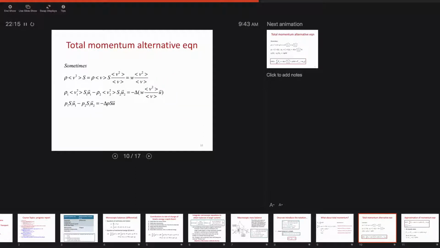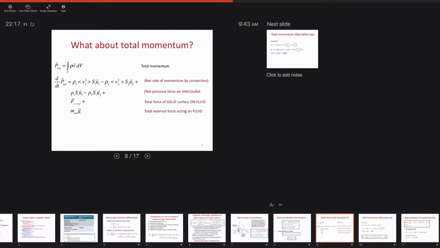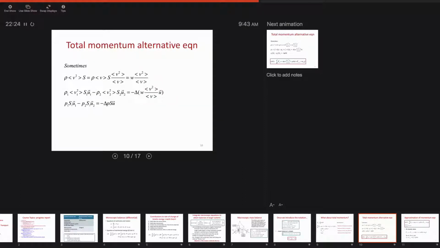Okay. So now there's an alternative equation that I derived, which is a little more computable. My problem here is this average V squared. I can write it as rho Vs and then divide by that V. Note that I can't just directly divide this.